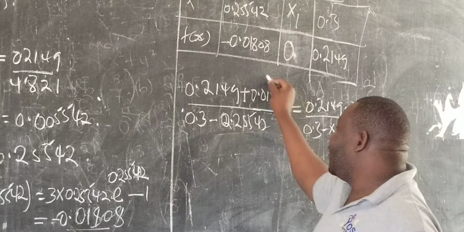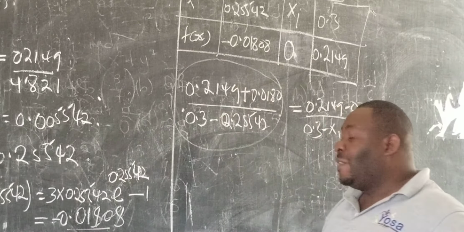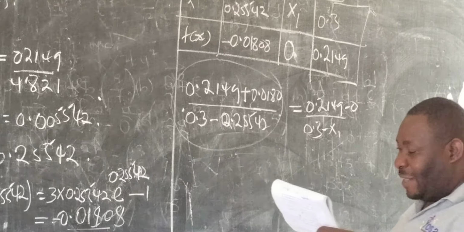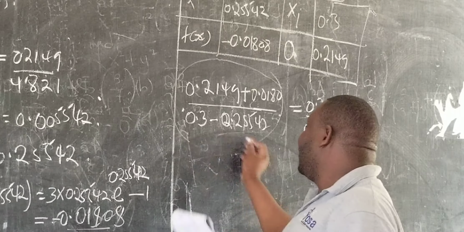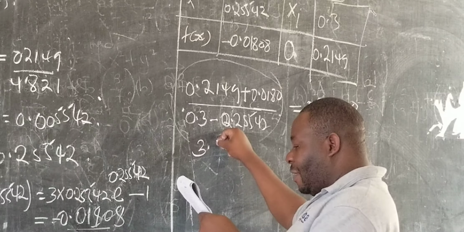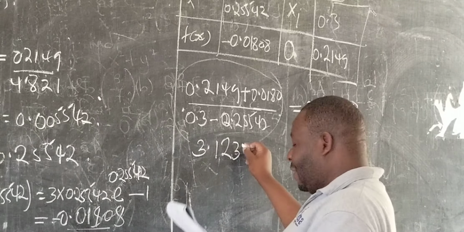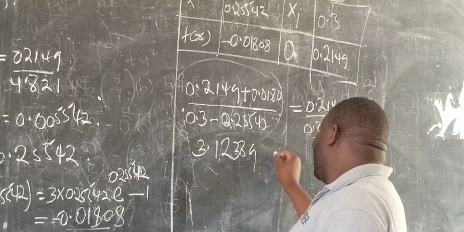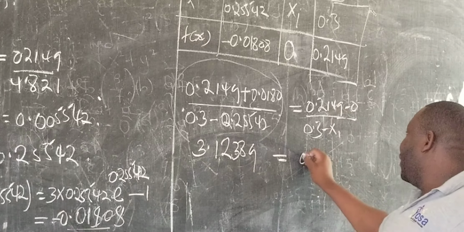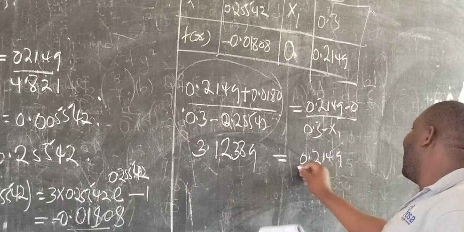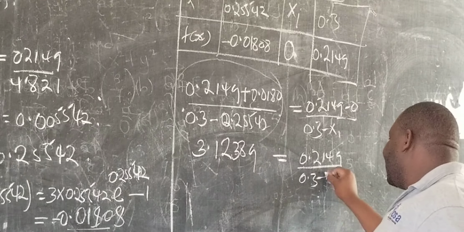When we use the calculator, it was 3.12389. This equals 0.2149 over 0.3 minus x1.